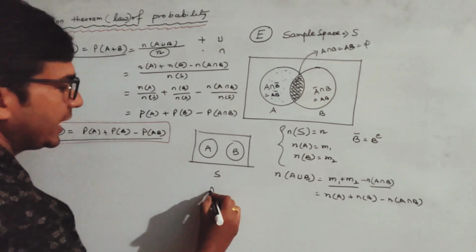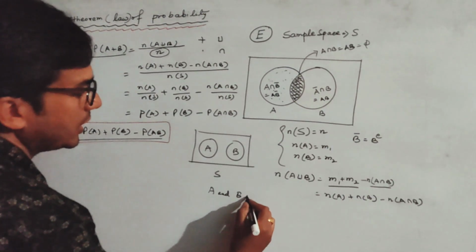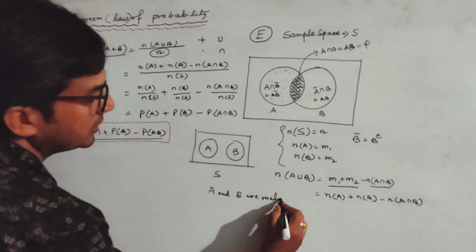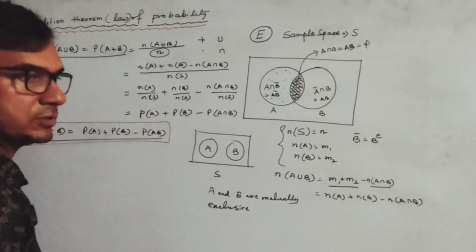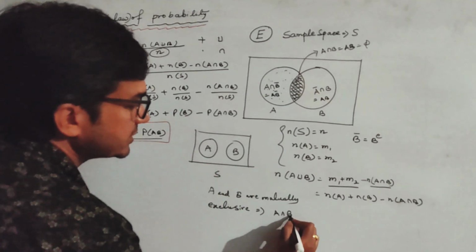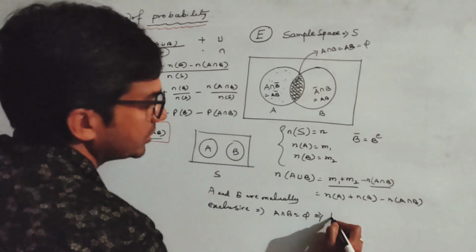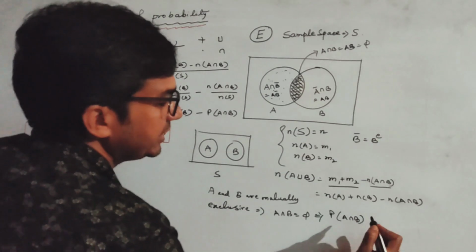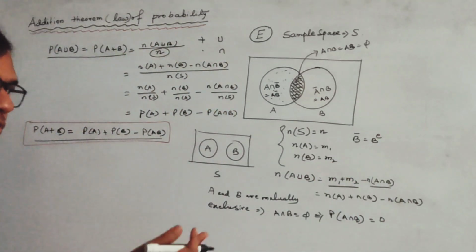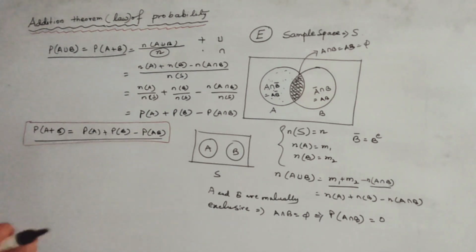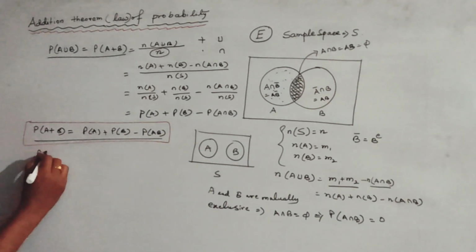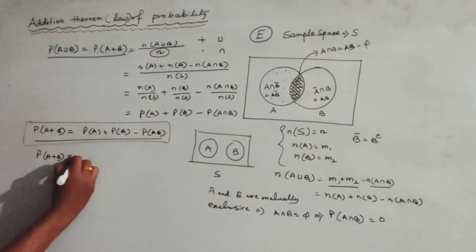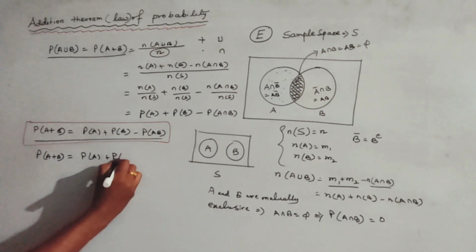So A and B are mutually exclusive, that is A intersection B is phi, which implies the probability of A intersection B is equal to 0. We know from the axiomatic definition of probability that probability of phi is equal to 0. So we put this value here, and we get P of A plus B is equal to P of A plus P of B.